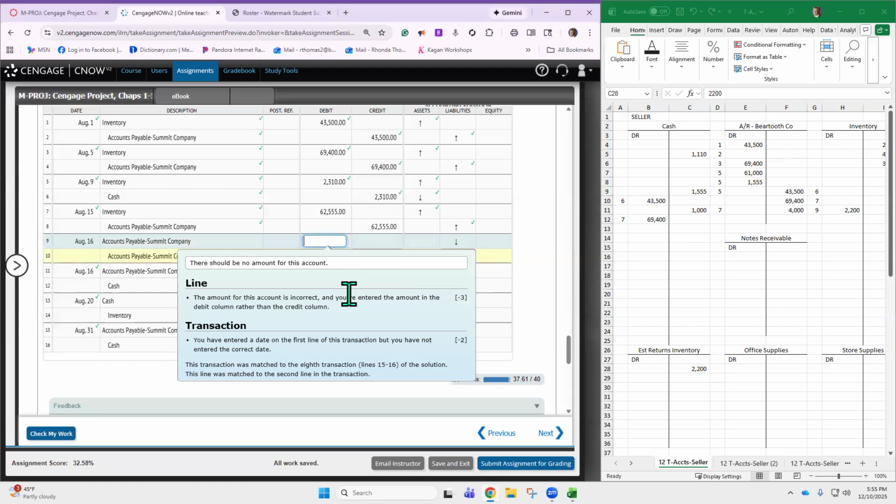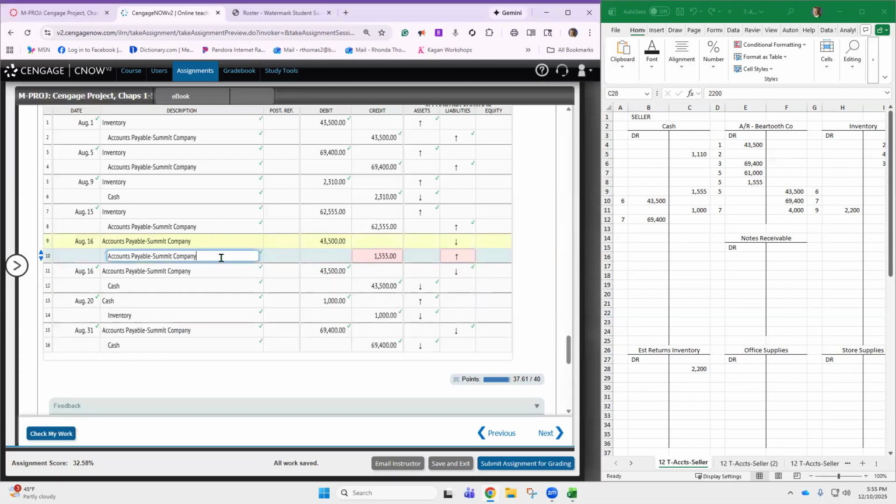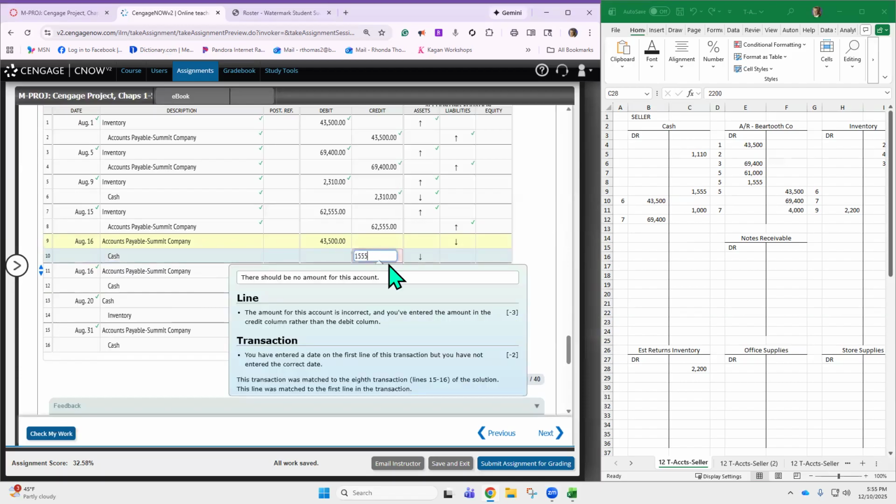So anyway, 43,500, and then this is gonna be cash going down because of the payments from the buyer. So I'm keeping what I need right below, so I have that information ready to put in.